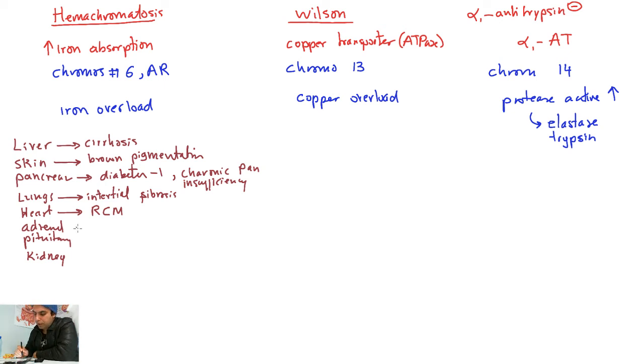Adrenal gland. It will lead to adrenal insufficiency. What's Addison's? If there's too much deposition of iron in the adrenal gland, what will happen to it?